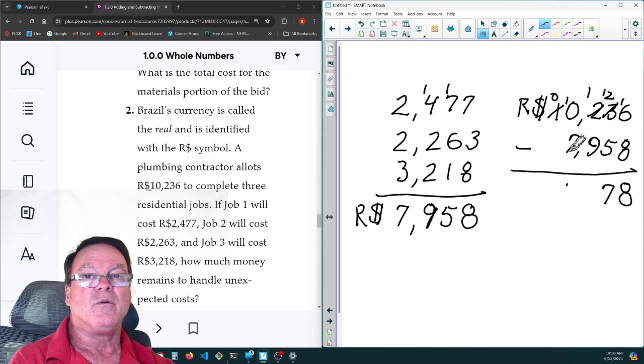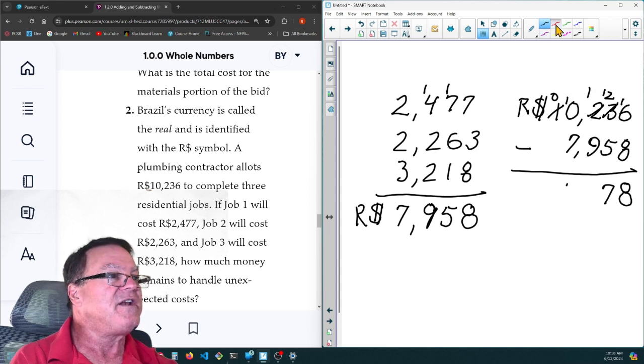Actually, I'm sorry, before we do that, I have to borrow 1 from the 10 and bring it over to the hundreds, because I only have 100 and I have to subtract 900 from it. So I'm going to take this 10, and you know what? I'm going to change my color here. I'm going to change this 10 to a 9. And I'm going to bring that 1 over to the hundreds column.